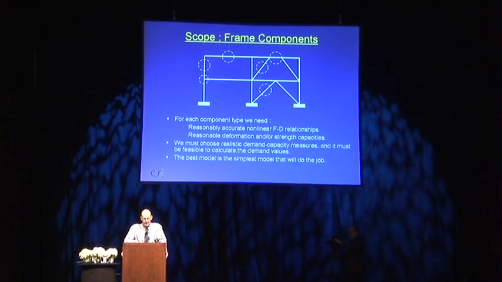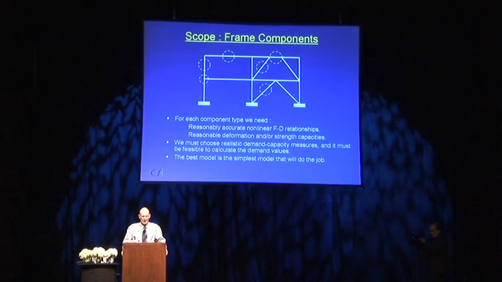Reasonably accurate nonlinear force deformation relationships. They're never going to be accurate, they're never going to be exact, but if a beam or a column is exerting some forces on the structure, we'd like the force level to be reasonably accurate.